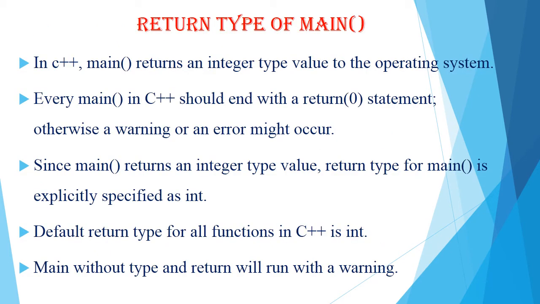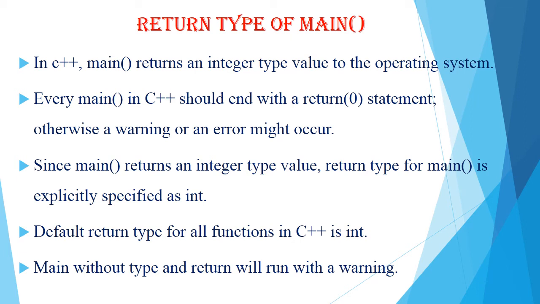Next is the return type of the main function. In C++, the main function returns an integer type value to the operating system. Every main function should end with a return statement. Otherwise, it will display a warning or an error.